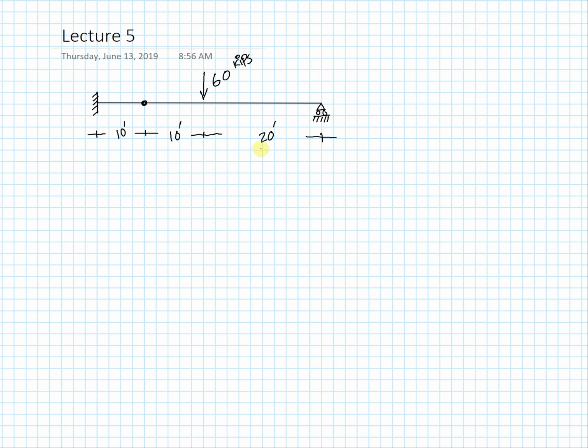The question being asked of me is, suppose I have these points A, B, C, and D. Find the rotation at the location of C, and also find the deflection at the location of C.